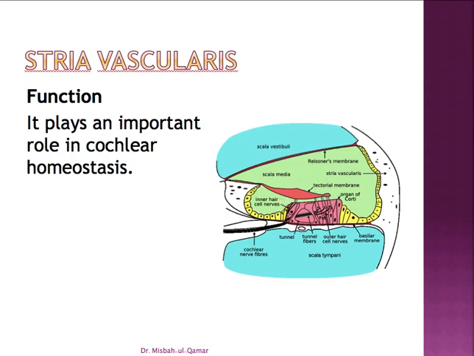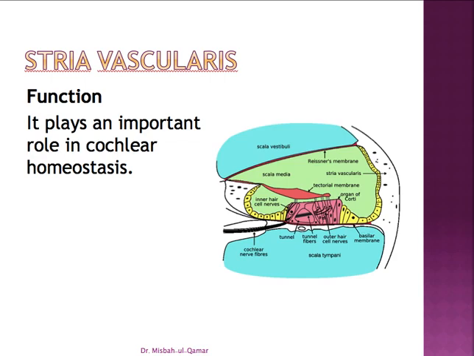And there are different types of cells which are present in this stria vascularis. Let's say there are marginal cells, intermediate cells, basal cells, and so on.